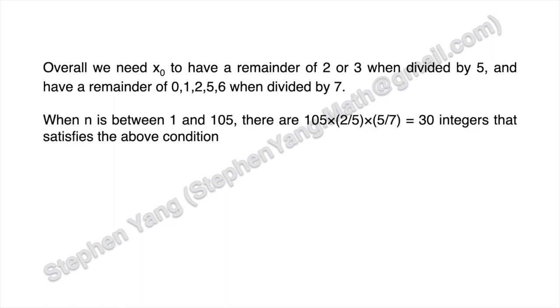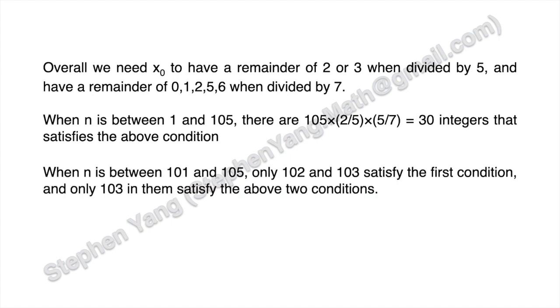So when n is between 1 and 105, there are 105 times 2 over 5 times 5 over 7 equals 30 integers that satisfy the above conditions. But we need n between 1 and 100, so we just need to find the n's between 101 and 105 and subtract.